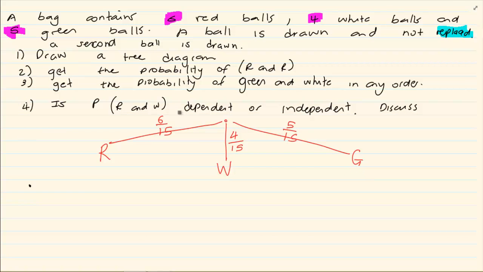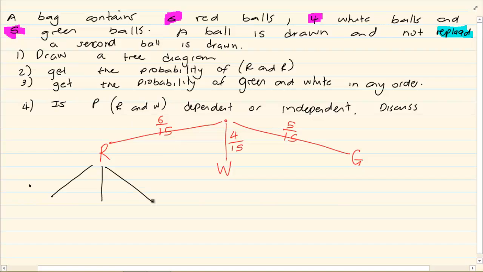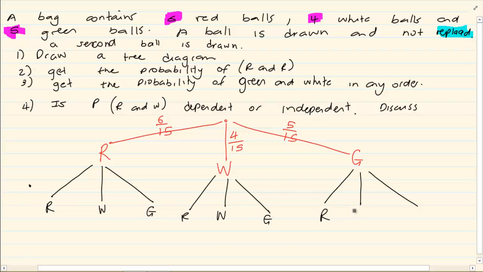Now, if I take out one red, remember you're going to do the whole thing again. You're going to repeat the event again. I'm repeating the same thing, right? I've got red, white and green. Let's work with red. If you took out a red, you had 6.